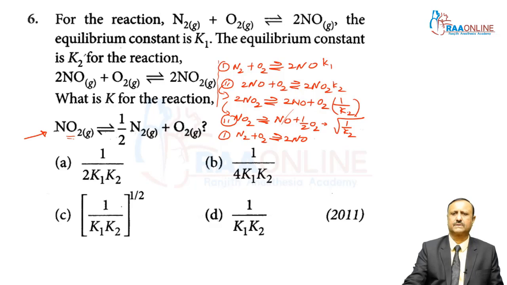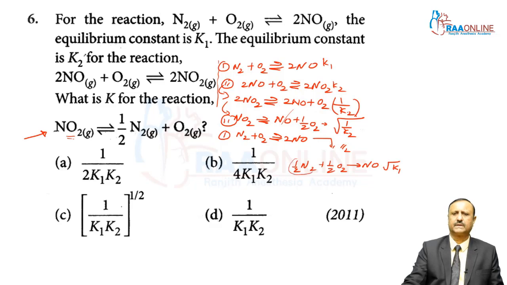So, you can get half N2 plus half O2 to give NO, and the equilibrium constant is root K1.